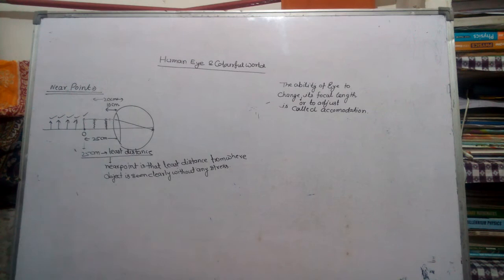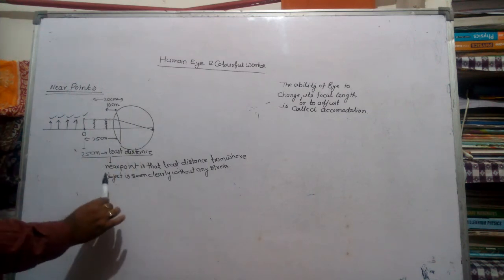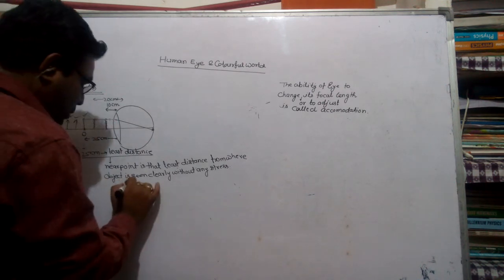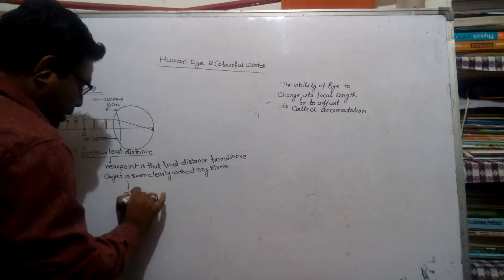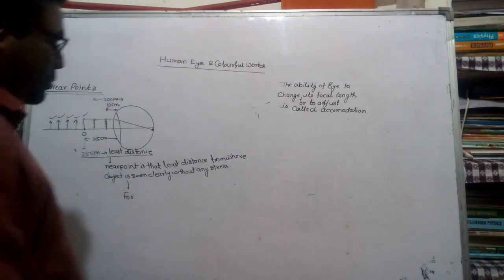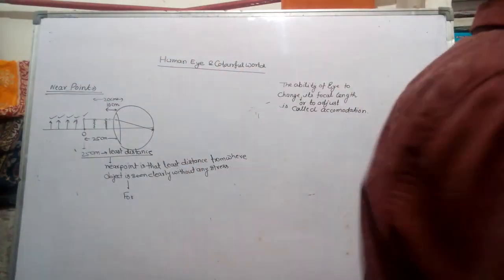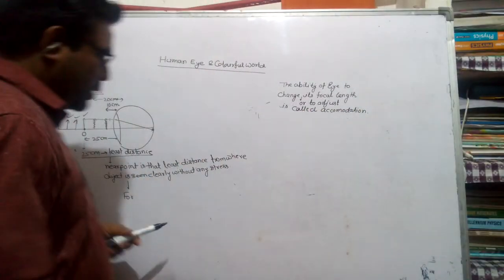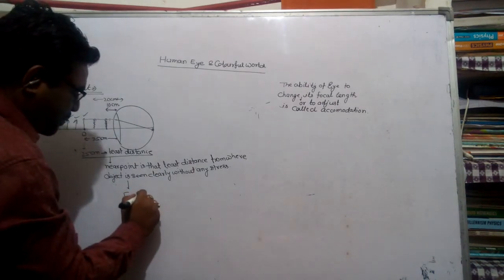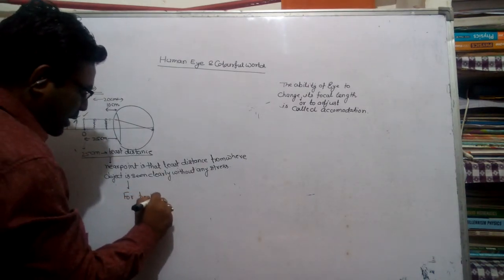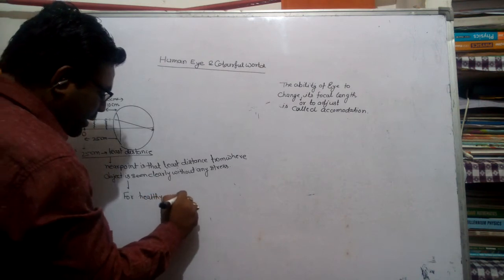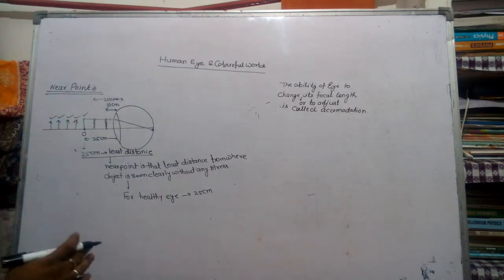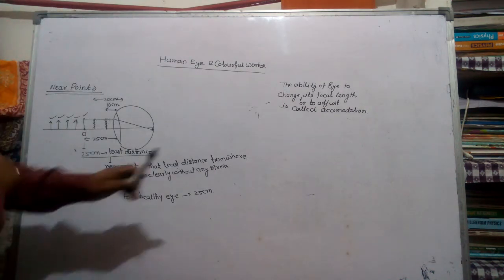So near point is that least distance from where an object is seen clearly without any stress. For a healthy eye, beta, it is 25 centimeter. So I think, beta, the least distance is clear to everyone.